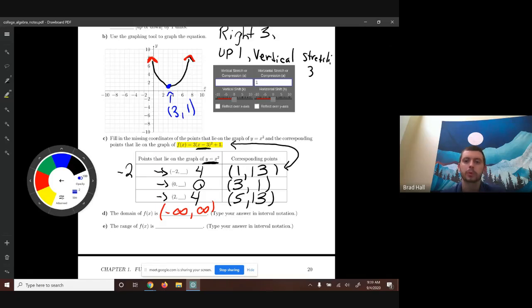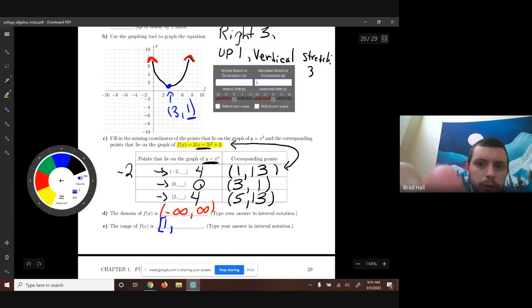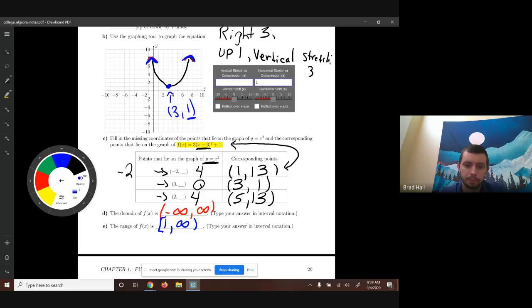And so the range deals with the y values. So the y value here is 1. So it's going to be 1 with a bracket because that point is included on the graph. And from here, what's the furthest up we can go? Well, we hit the arrows. That's +infinity. And so that's how you would find the domain and range for this problem.